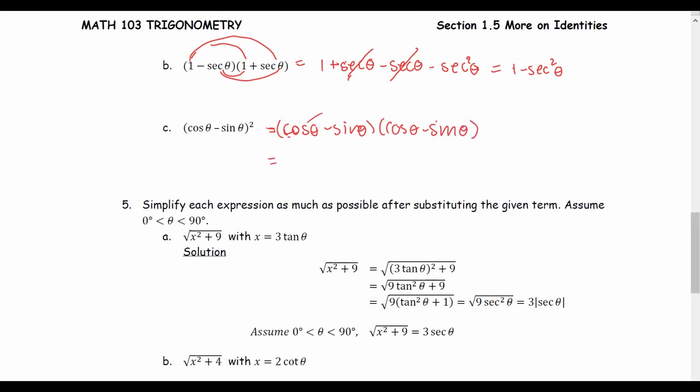And then we distribute using the FOIL technique again. First term times first term, we get cosine squared theta. The outer times outer, minus cosine theta sine theta. Inner times inner, minus sine theta times cosine theta. And the last times last, we get positive sine squared theta.